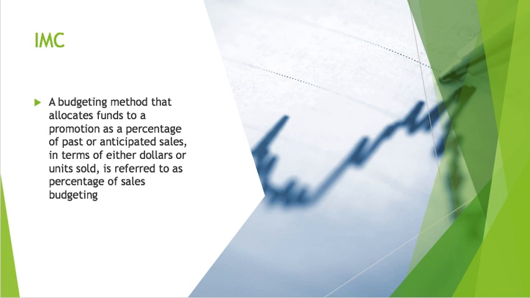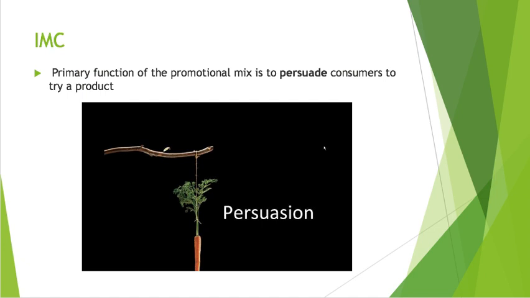Know that percentage of sales budgeting is a budgeting method that allocates funds to a promotion as a percentage of past or anticipated sales in terms of either dollars or units sold. Be able to recognize that budgeting method. Know that the ultimate goal and primary function of a promotional mix is to persuade consumers to try a product, to purchase. You're trying to move them along that funnel into the purchase stage.